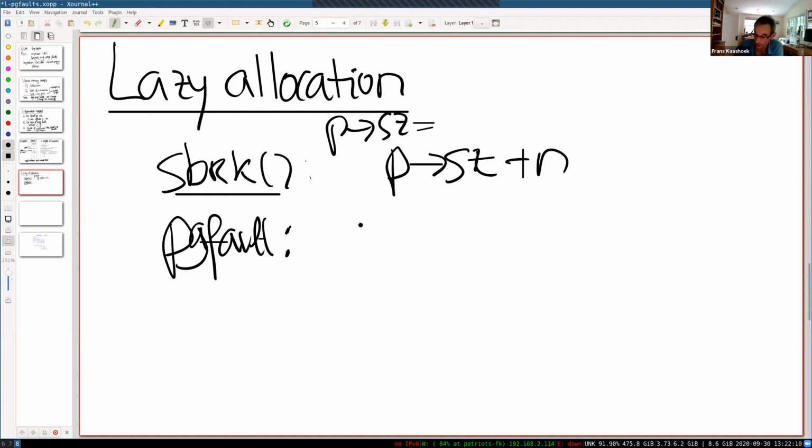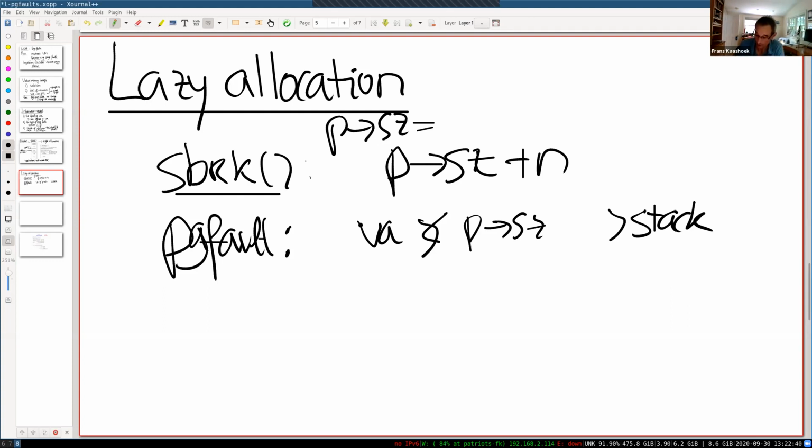So if we get a page fault and we see that the virtual address is below p->sz, then we know that this must be a virtual address above the stack. We know that this is an address that comes out of the heap, but for which the kernel hasn't allocated any physical memory yet.